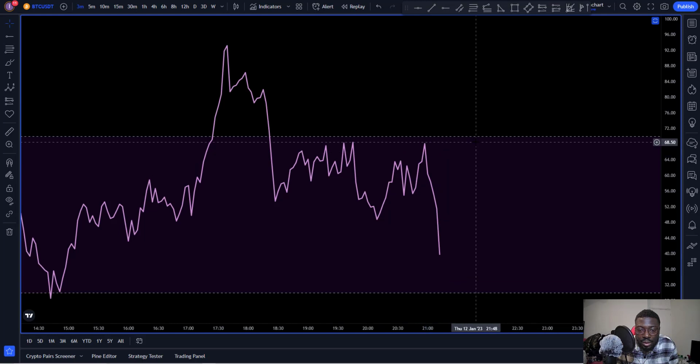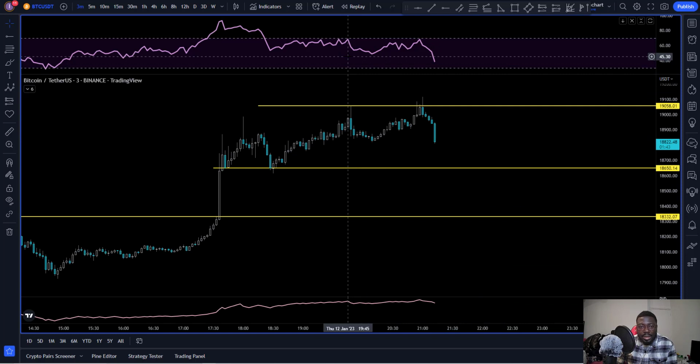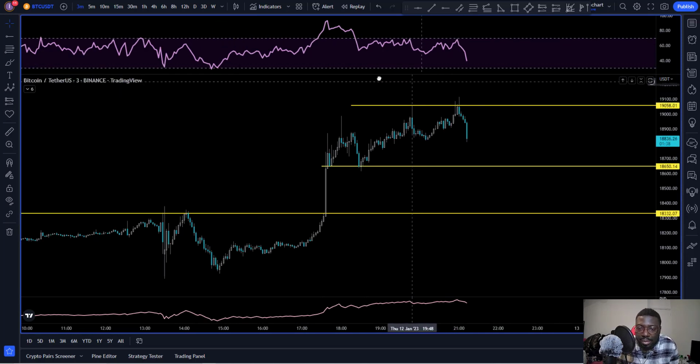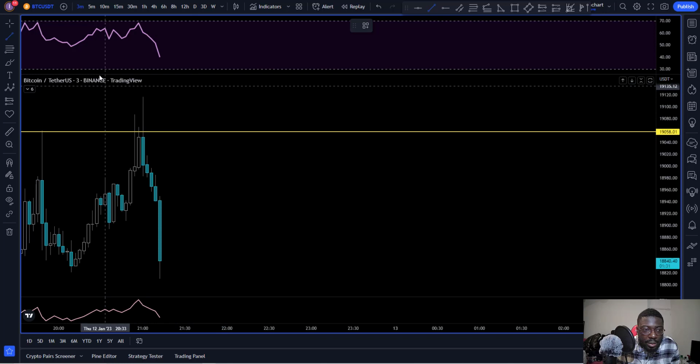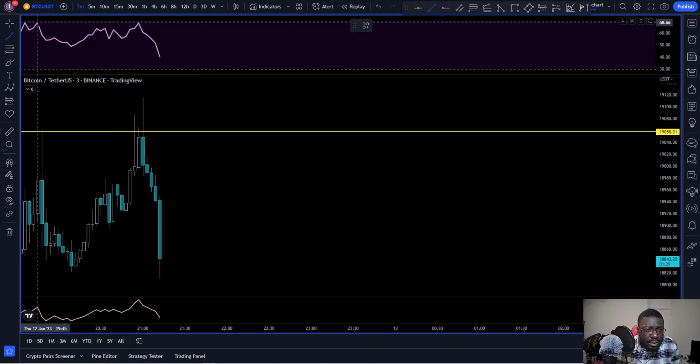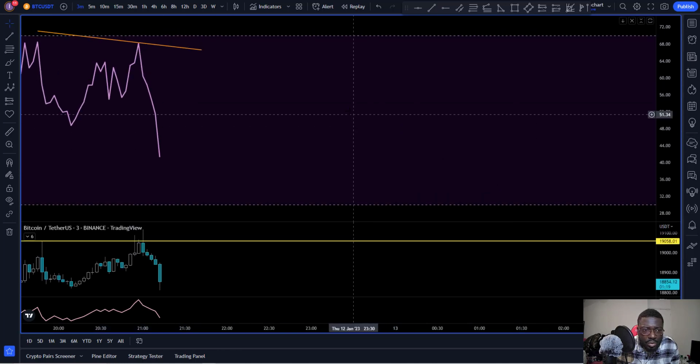I'm just seeing it now that on a 3 hours time frame, I could have gotten in, because the 3 hours was perfect for us. Look at the RSI on 3 hours, it actually made a lower high. This high is lower than this. Let me zoom in to show you.